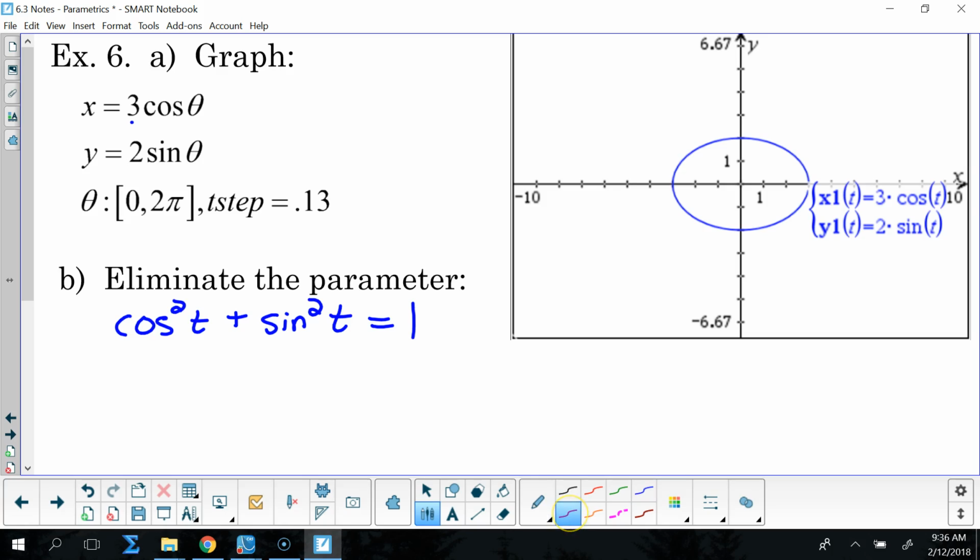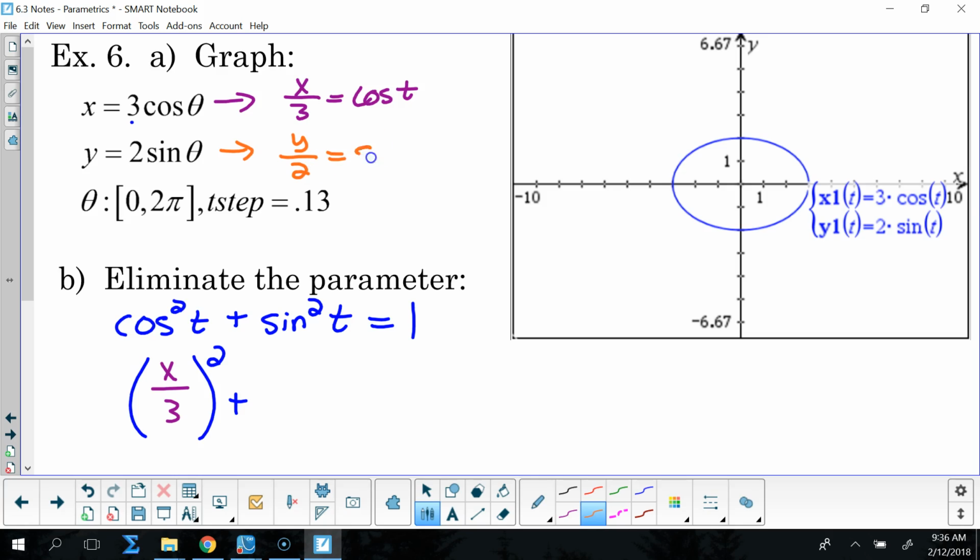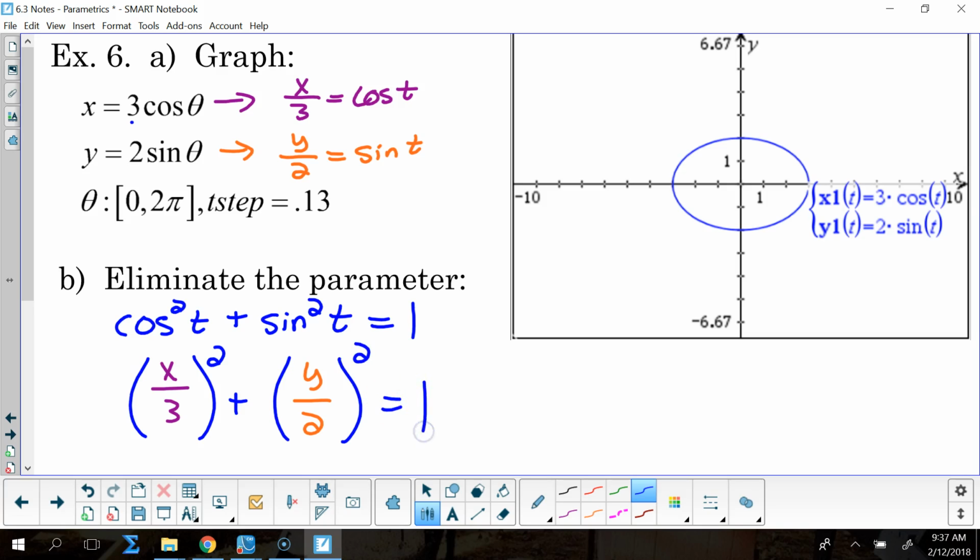So if I take this one, that would be x over 3 equals cosine of, we'll call it t for now. So that's going to be x over 3 quantity squared, plus, then this one, y divided by 2 equals the sine of t. So that's going to be y over 2 quantity squared, and that's going to equal 1.